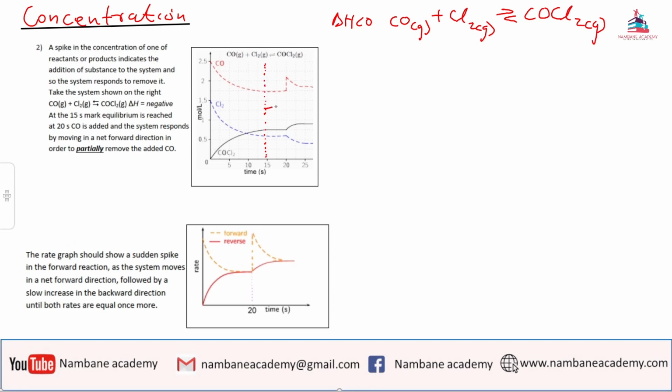So here we can easily say equilibrium was reached. Now there's going to be a disturbance. What is the disturbance here? Let's identify the disturbance.